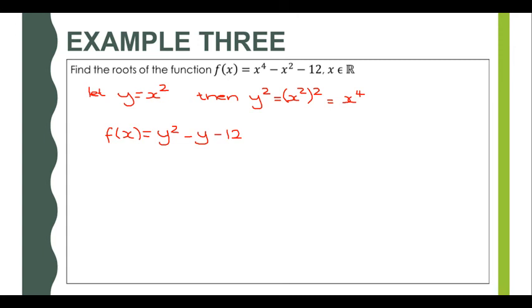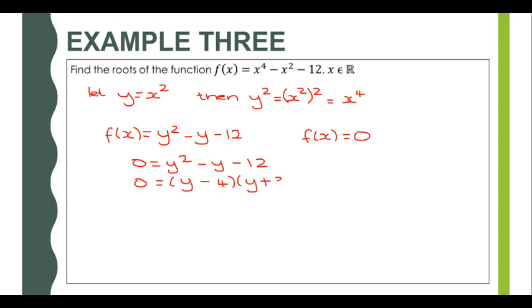And we're asked to find the roots of the function, which means that f of x is equal to 0. So we get 0 is equal to y squared minus y minus 12. And we can now factorize this to get 0 is equal to y minus 4 times y plus 3, which tells us that y is equal to 4 or y is equal to minus 3.